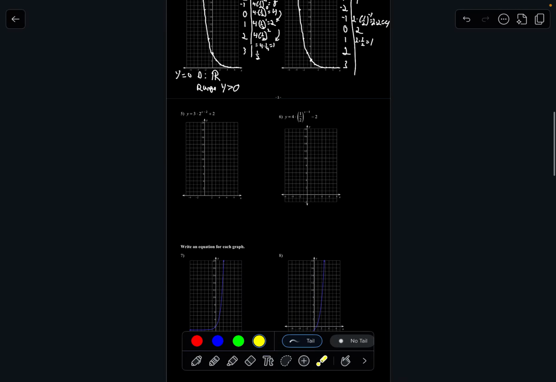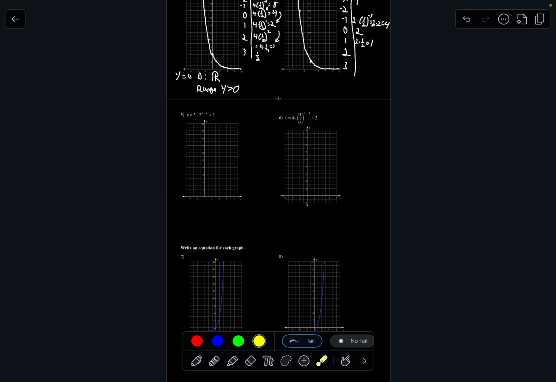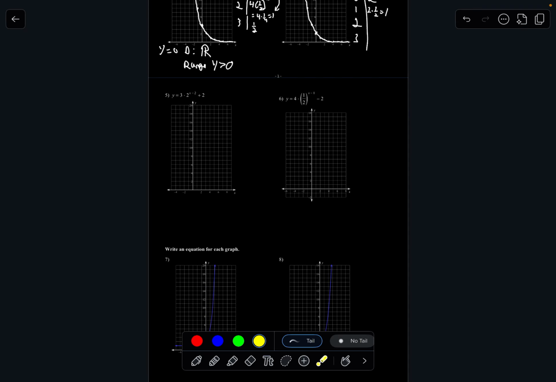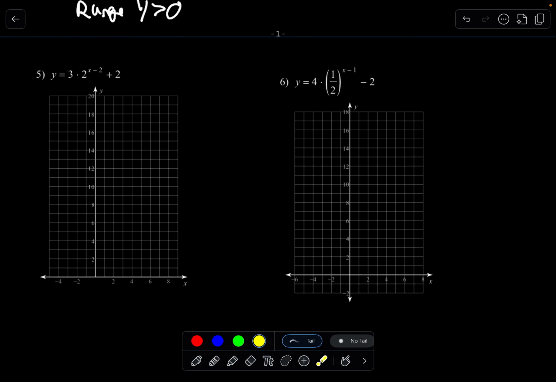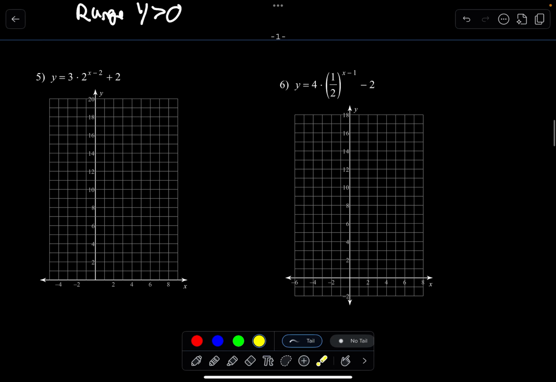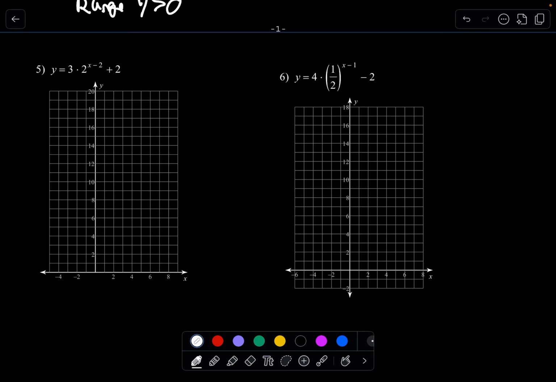Now, on 5 and 6, we are now going to start shifting it around. Okay? First off, whenever they ask you to graph an exponential equation, always look to see if there is a number being added at the back end, like on these two cases, because that will be the horizontal asymptote.